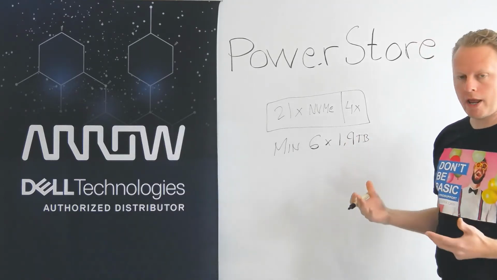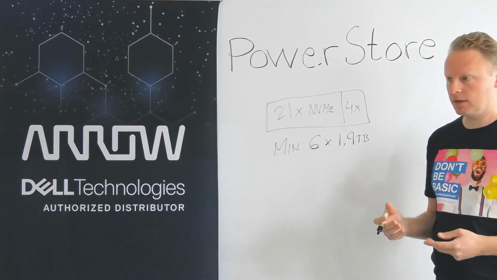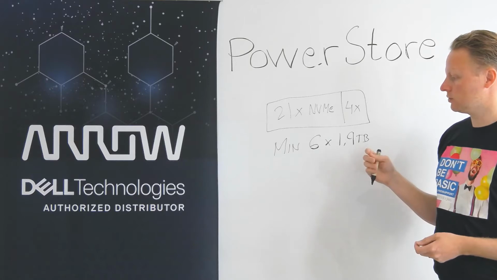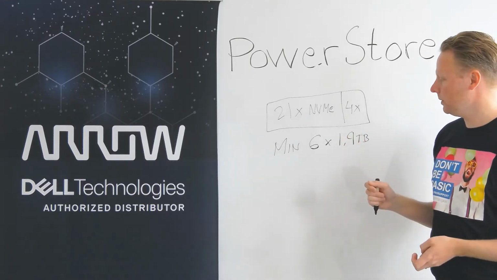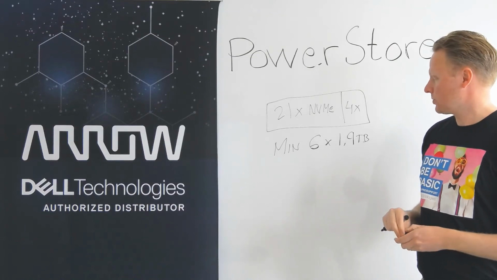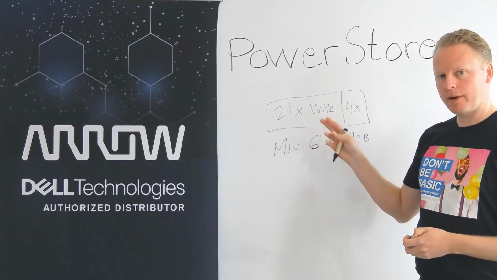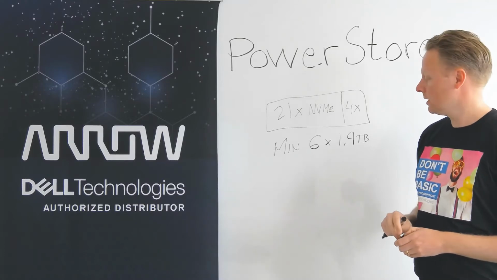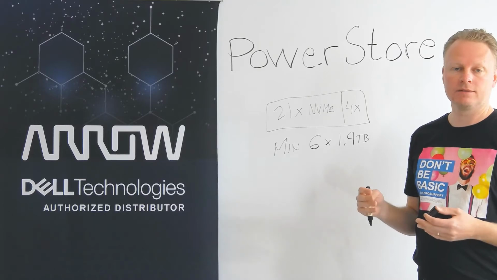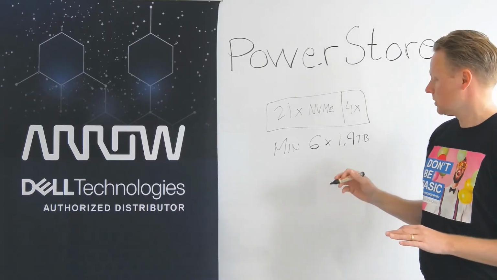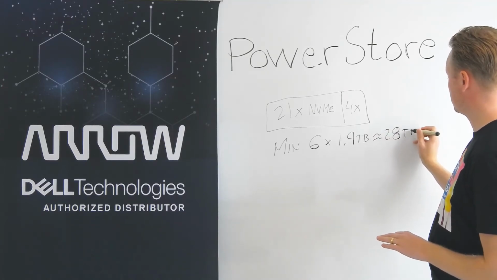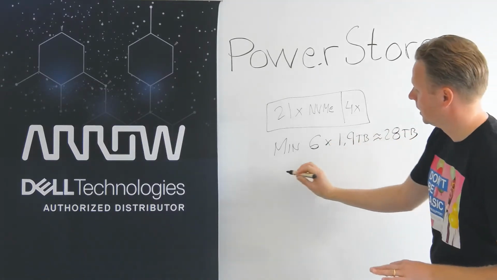With the dynamic RAID that PowerStore is using to store all the data in the platform, you have some RAID overhead, and you also have a hot spare for redundancy, but then you have the guaranteed inline dedup and compression ratio. So approximately 28 terabyte of usable storage with the minimum configuration.